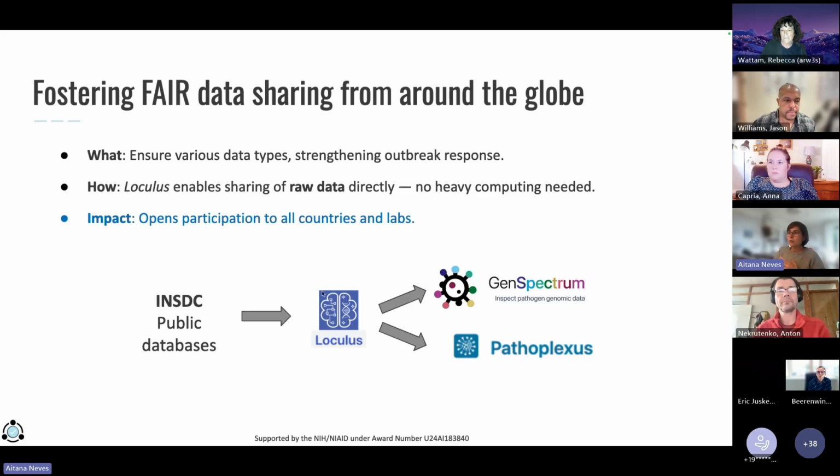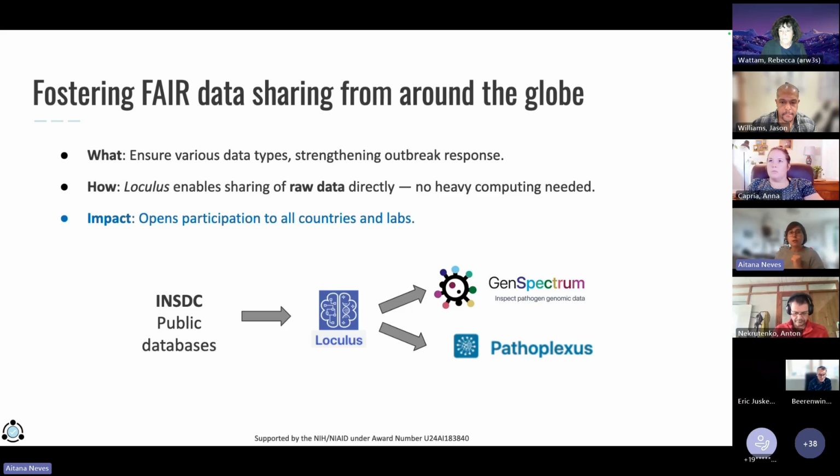So by expanding the capabilities of Loculus to annotate not just viruses but also bacteria, fungi, and, since currently Loculus can only start from assemblies, the aim is now to expand it also to raw data sets and wastewater data sets.